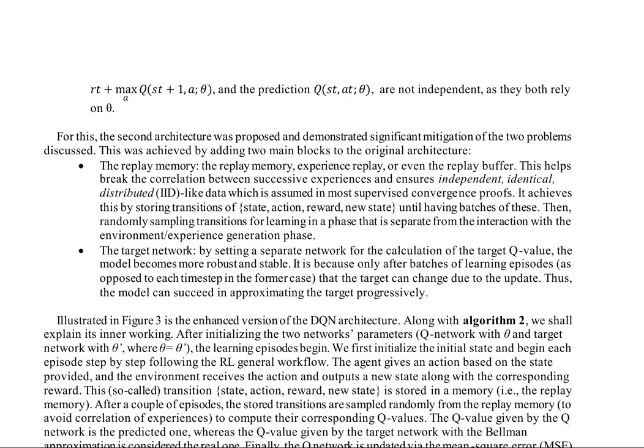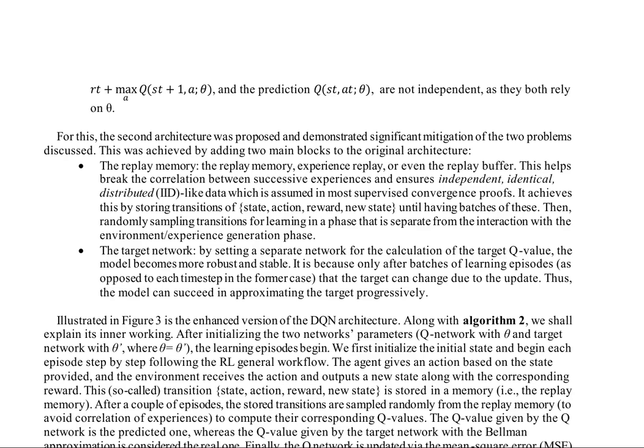Deep Q networks, DQN, are plagued by two primary issues: correlation between successive experiences and the moving target problem. To address these concerns, the proposed architecture incorporates two key blocks: the replay memory and the target network. The replay memory stores transitions of state, action, reward, new state, and randomly samples them for learning, ensuring independent, identically distributed, IID-like data.